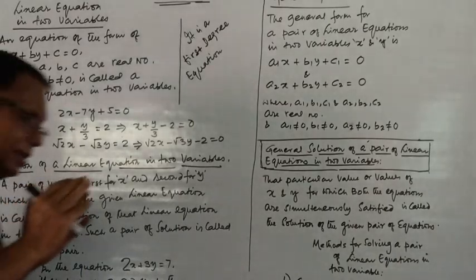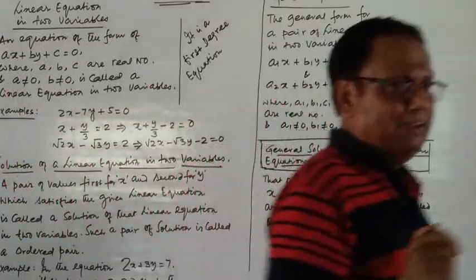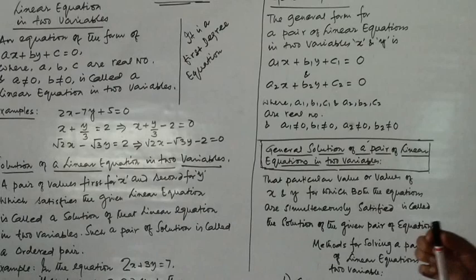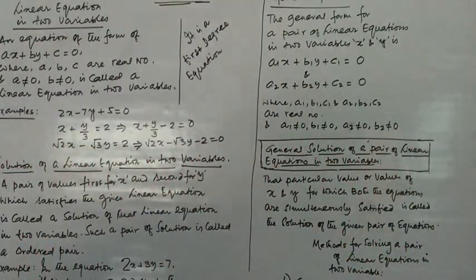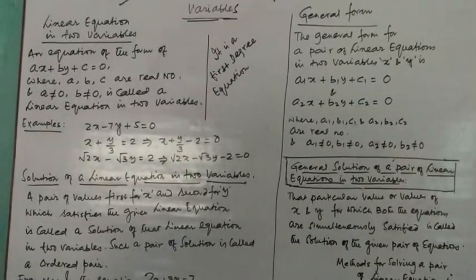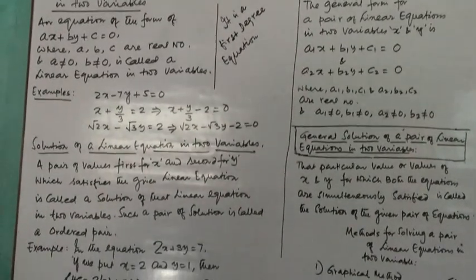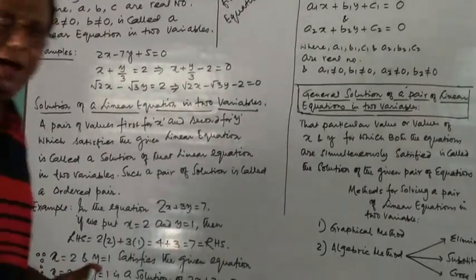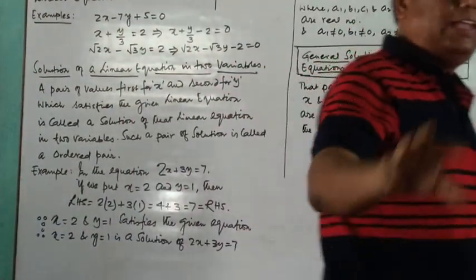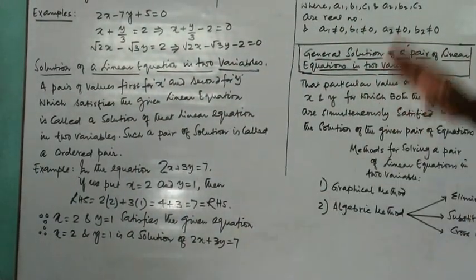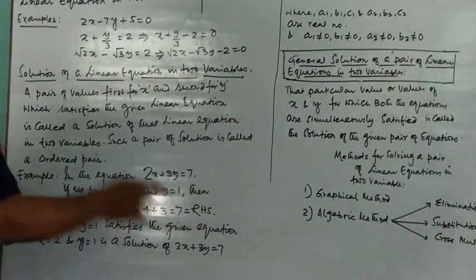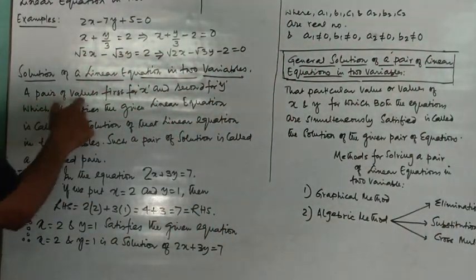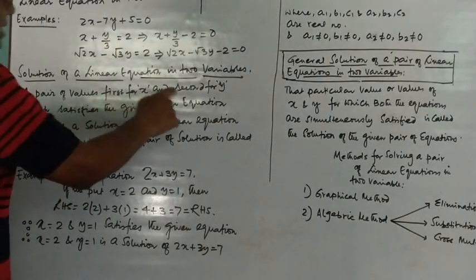Now, next important thing that we have to learn, what is the meaning of solution of linear equation in two variables? Solution means that value of x and that value of y for which the equation gets satisfied. I have written on the board a pair of values, first for x and second for y.